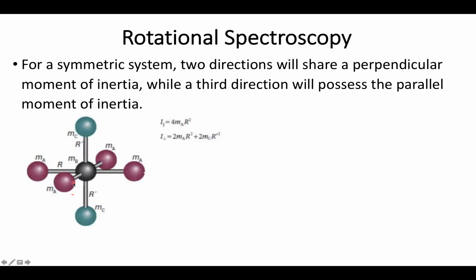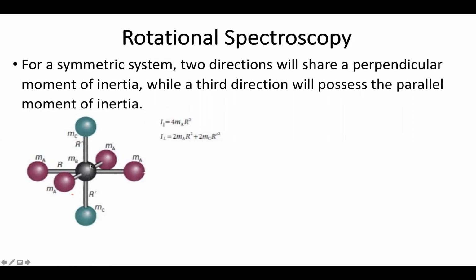And in this case, this is going to be the same exact moment of inertia expression that we had for the full octahedral complex. However, it turns out that by changing my top and bottom atoms, while still making sure that they're identical, thus D4h, I introduce two new moments of inertia.